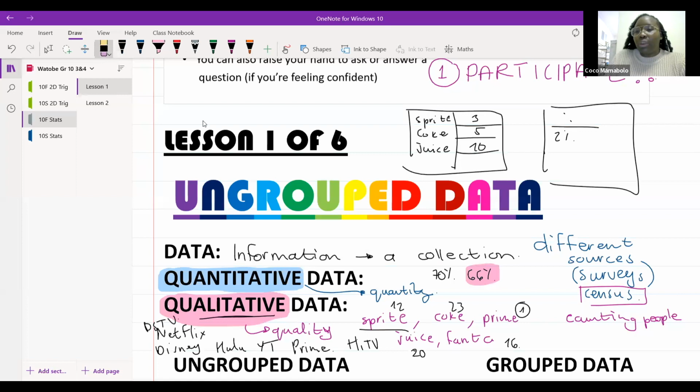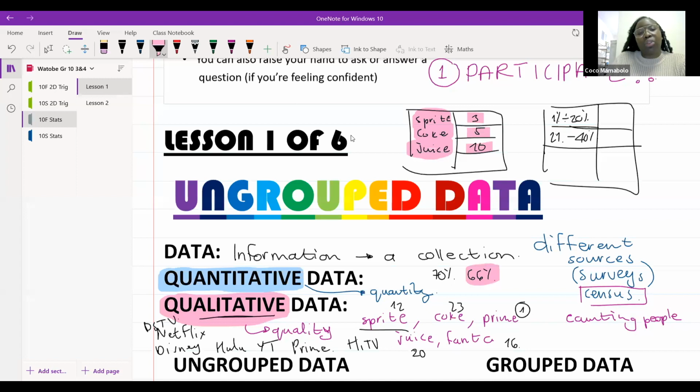So when we group quantitative data, we're going to say everybody who got in between 1% and 20%. And then we're going to say everybody who got between 21% and 40%. Do you see the difference of how we're actually grouping the data? When we talk about qualitative data, it's always a word answer that we're going to get, and then we're going to count how many word answers we have.